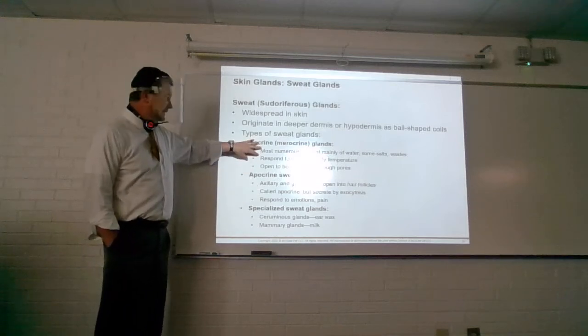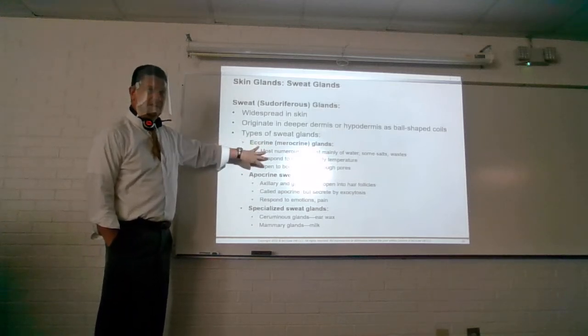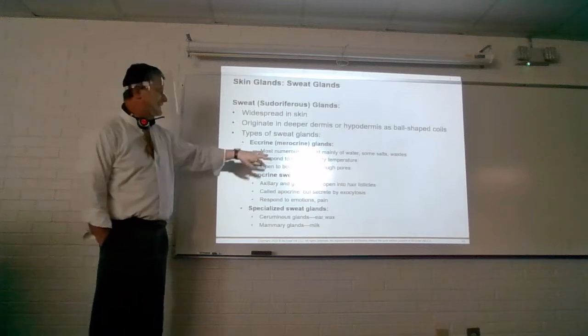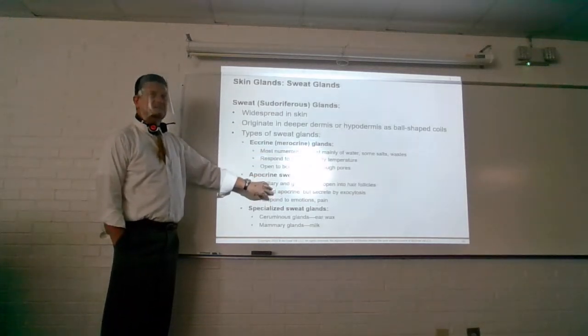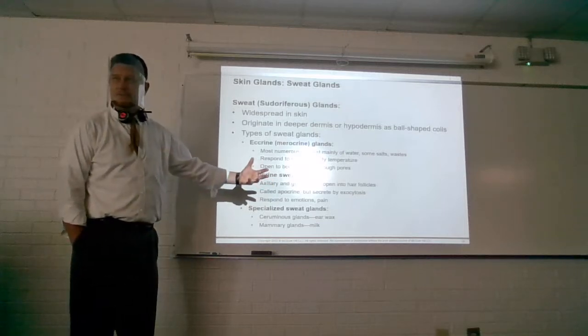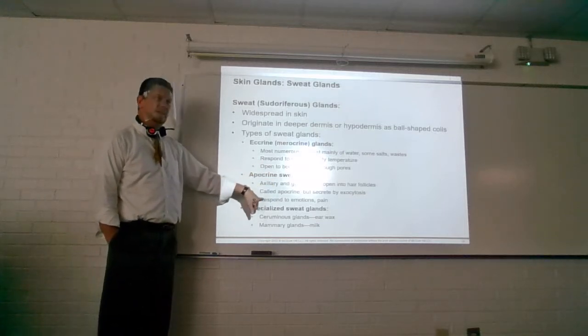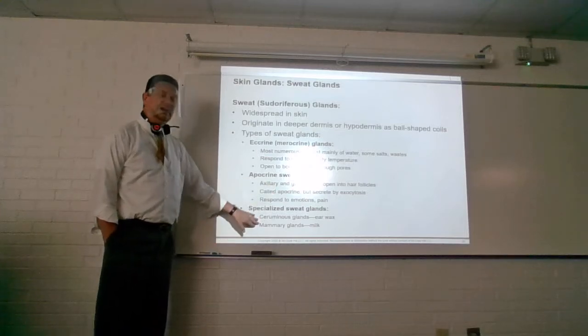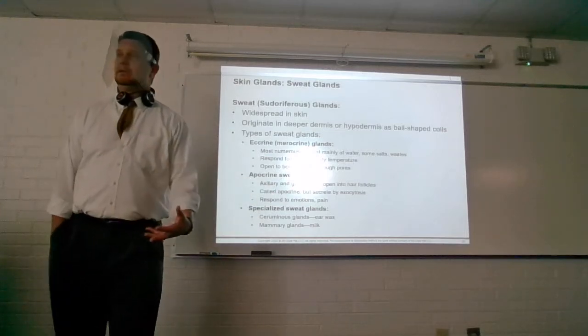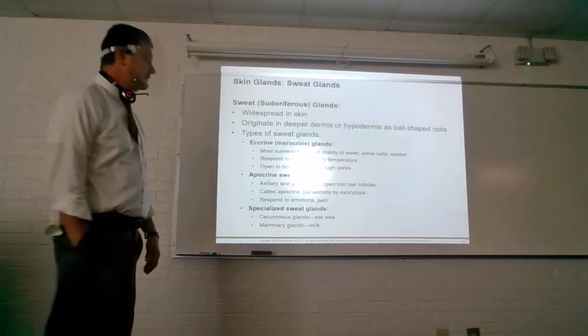So these eccrine or merocrine glands are the ones we think of as sweat glands. These are to regulate body temperature. The apocrine glands are what we associate with puberty, and these are going to be more emotionally based. These actually have an aroma. And then oddly enough, there's two weird types of modified sweat glands.